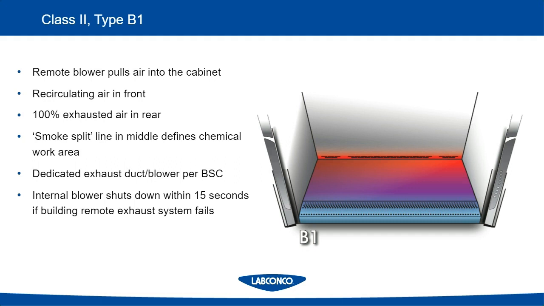These are typically located out on the roof of the building. This is the only blower within a B-style cabinet that's providing exhaust. Because of that, B cabinets have very strict regulations that the internal blower, which is providing that supply downflow air to protect your product, must shut down within 15 seconds of detecting a remote exhaust failure.